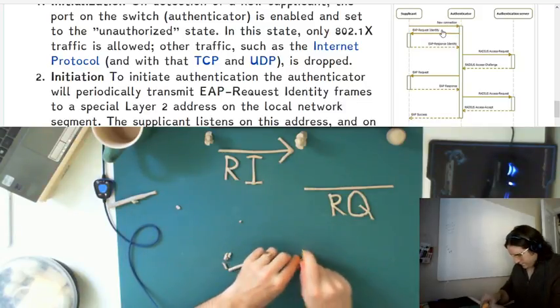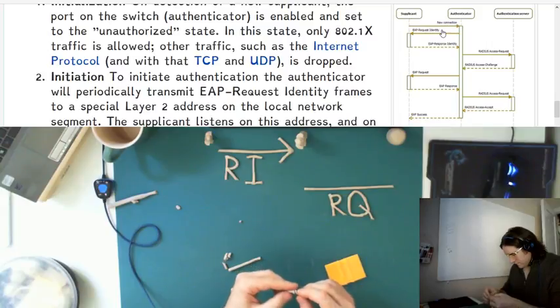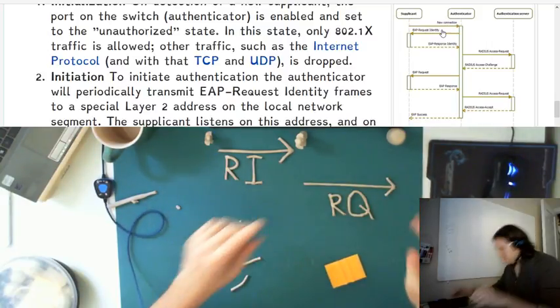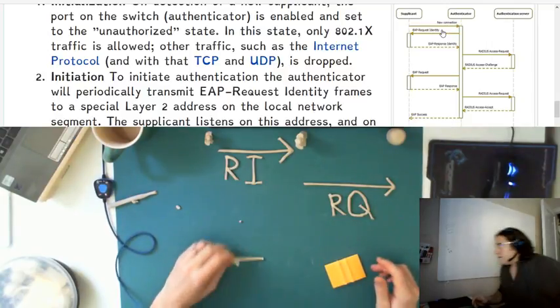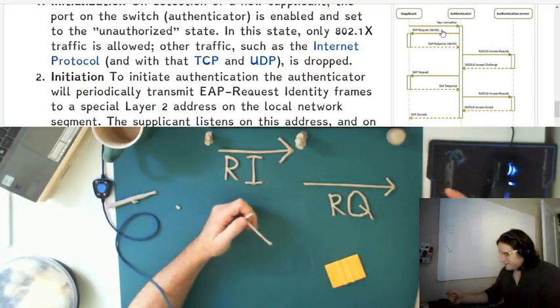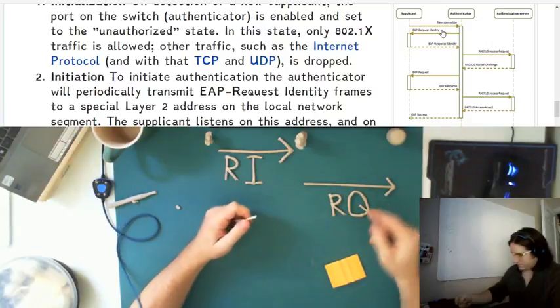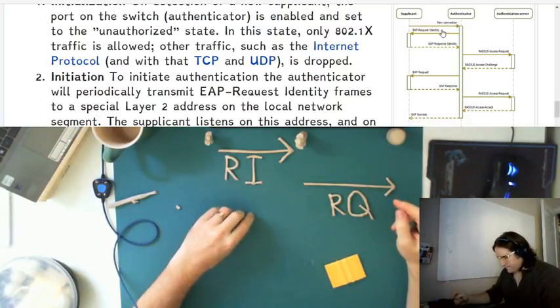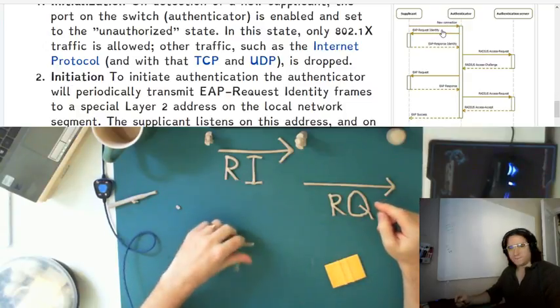Then an access challenge this way. All right, I need my letters smaller.